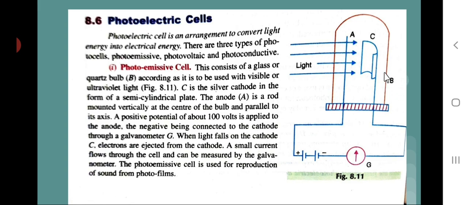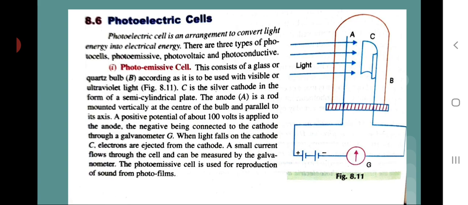Here C is the cathode, which is a silver cathode in the form of a semi-cylindrical plate. The anode A is a rod mounted vertically at the center of the bulb and parallel to its axis.